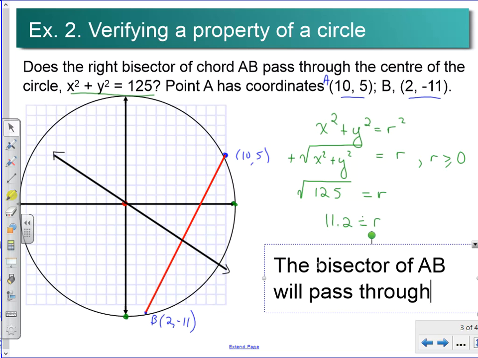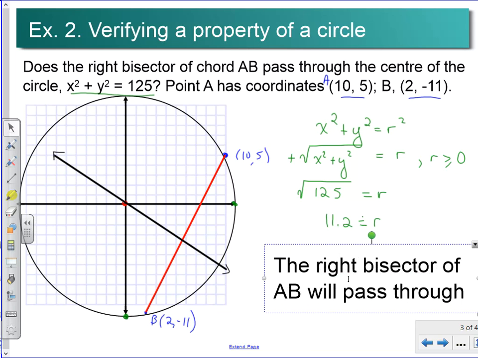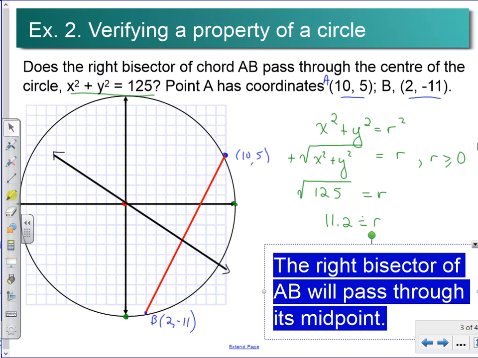So the right bisector of AB will pass through its midpoint. So that's midpoint AB.